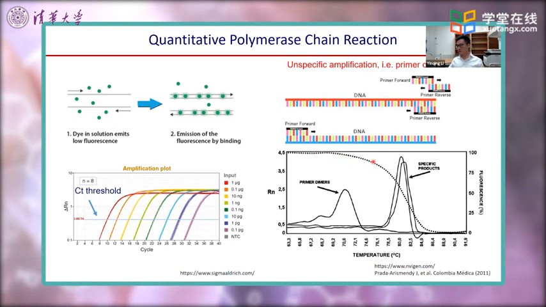And if we take the derivative of the fluorescent signal, then we should see a signal corresponding to the primer dimer. And the target sequence is longer, and so it will be separated at higher temperature. And if we take this derivative, we should see a signal corresponding to the target sequence.